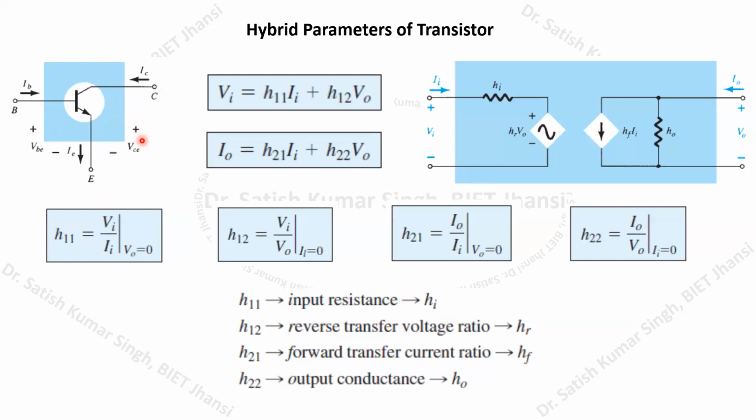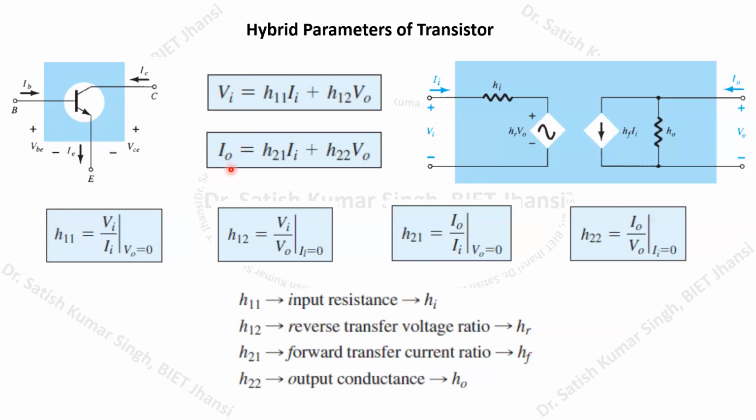In this case, we take two of them as independent variables. For example, here we have taken the input current Ii as an independent parameter, and the output voltage Vo as the other independent parameter. Based on these two independent parameters, input current and output voltage, we calculate the input voltage Vi, which is the dependent parameter.